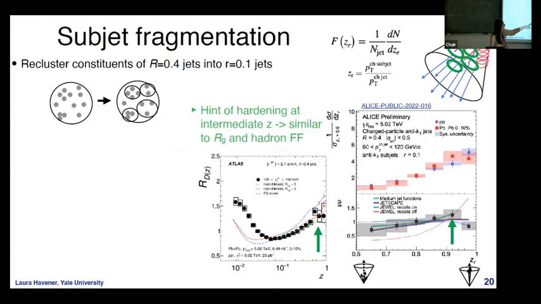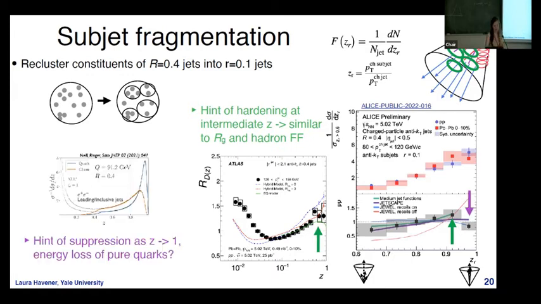First, there's a hint of a hardening, which is important to compare to the hadron level fragmentation that I showed previously, where we also saw this hardening effect. Additionally, this measurement is nice because the high z region is almost purely a quark region, so we could be sensitive to the energy loss of purely quarks and maybe in-medium splittings here. You see maybe a hint of a turnover, maybe a hint of a suppression at this high z. So it's a cool measurement.